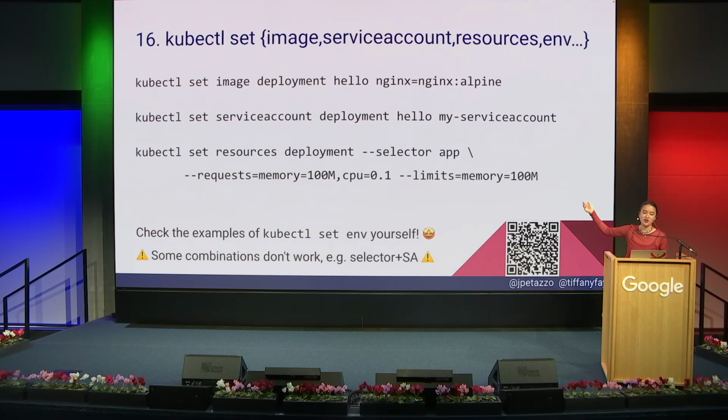You can do that with your service accounts, for instance. You also have to be careful, because if that service account doesn't exist, and say there's a flag you can use to be more broad instead of just that one deployment, maybe you accidentally make everything fail. You can do that with resources, et cetera. Basically, there's a bunch of different stuff, and you can use kubectl set env to see that as well.